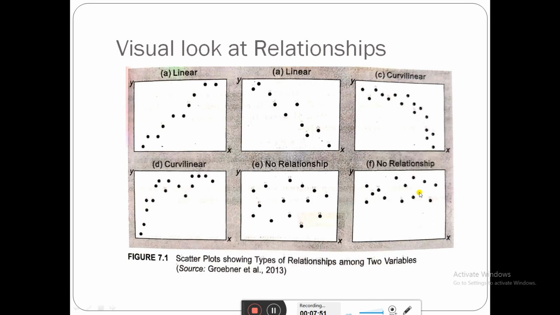Next, we will see the visual look at a relationship. Here, we are going to show this using the scatter plot. A scatter plot is a simple exercise for plotting all the data points between two variables on a two-dimensional graph.